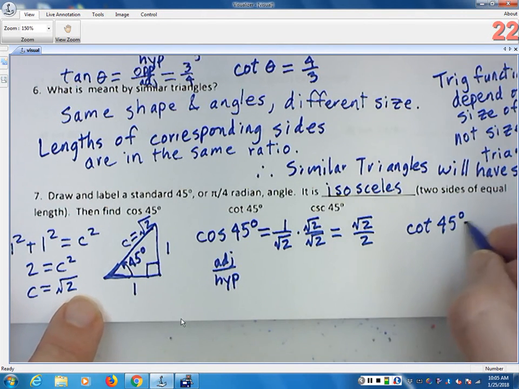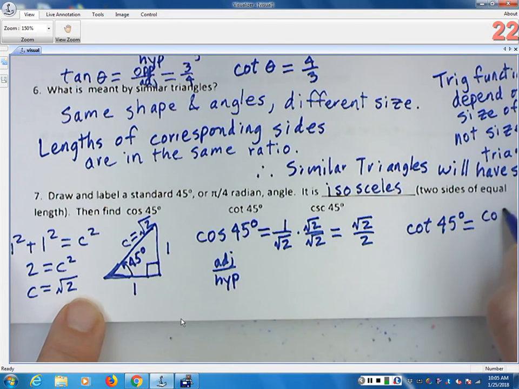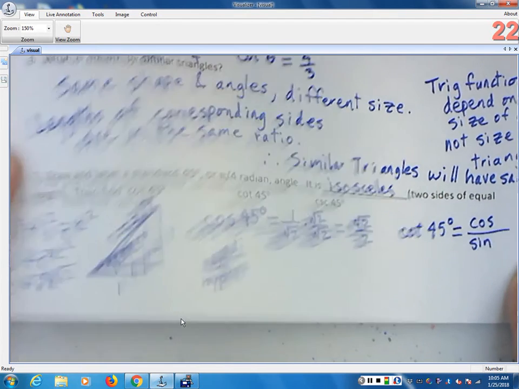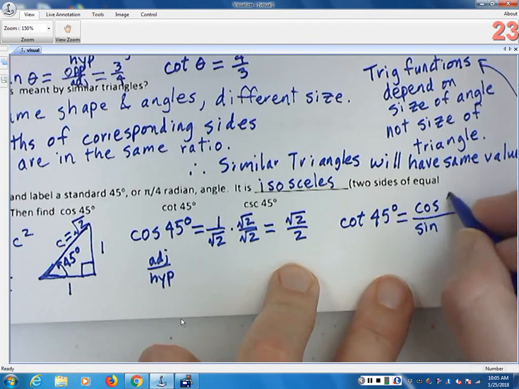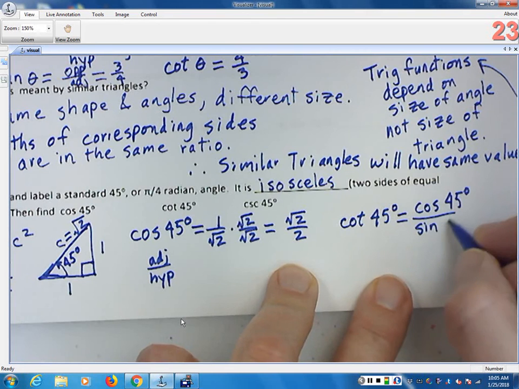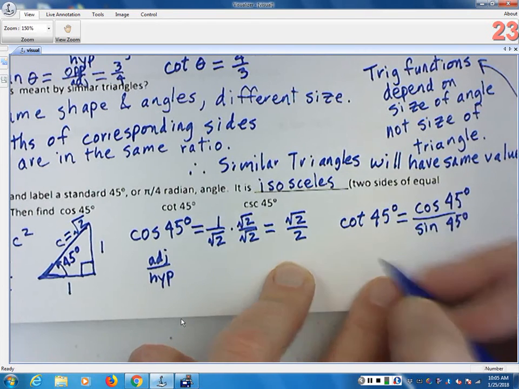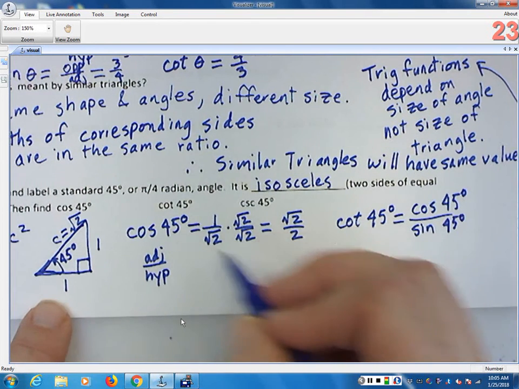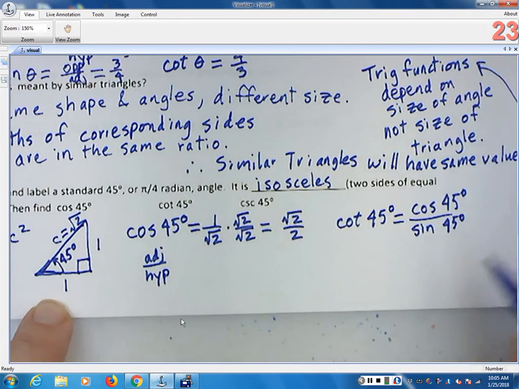Cotangent is cosine over sine, 45 degrees. Well, what's going to be sine of 45 degrees? Sine is the same thing, square root of 2 over 2.